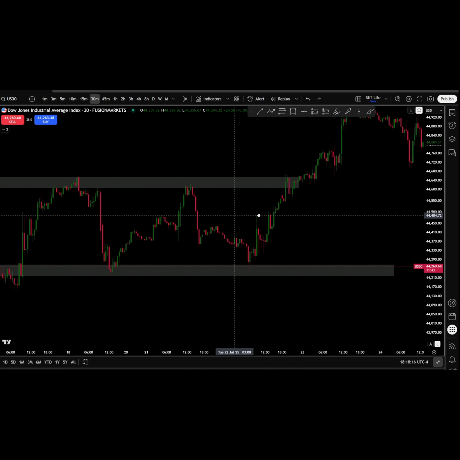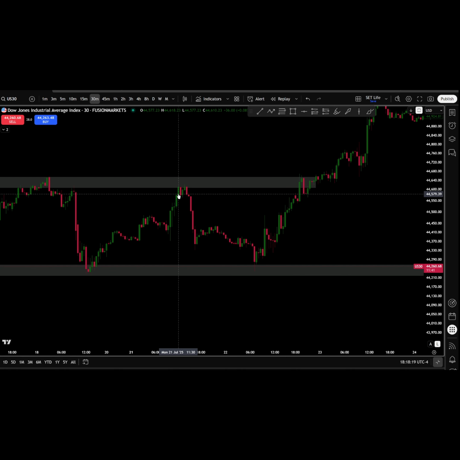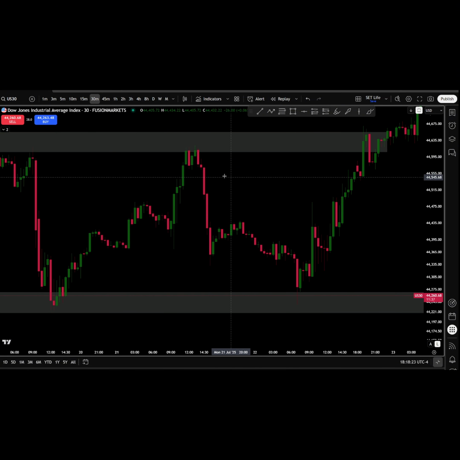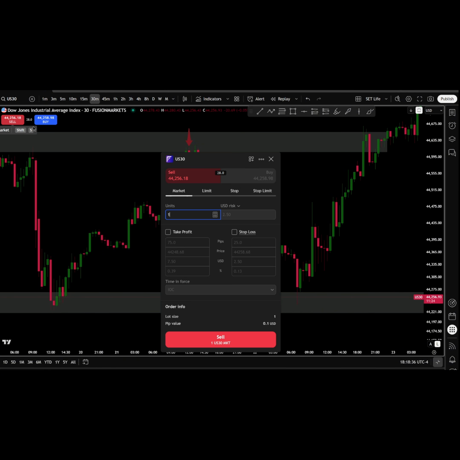resistance. We will see here that the buyers try to move and we have a nice engulfing candle right here, which we learned in the 7 major candlestick patterns, which every trader should know. This was showing that the sellers were coming in and we could have just taken a sell right here. We would have put our trade.